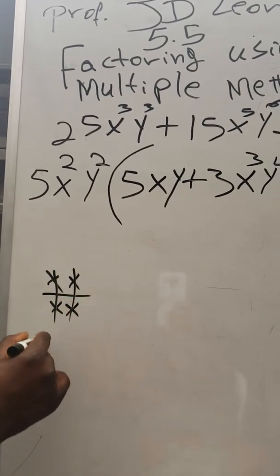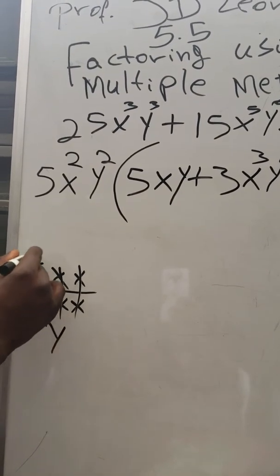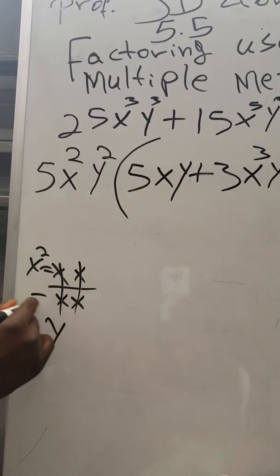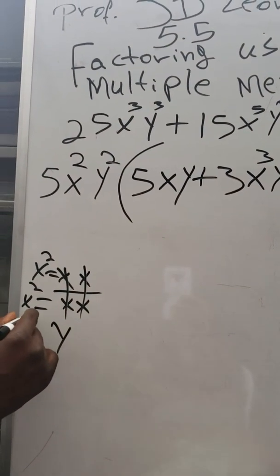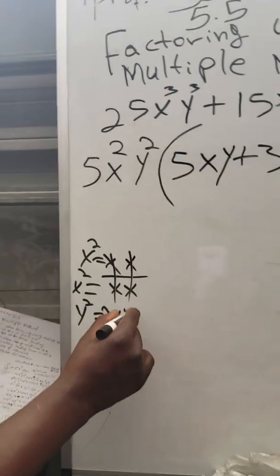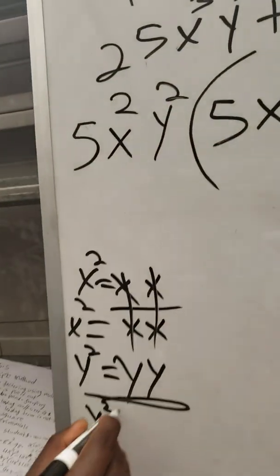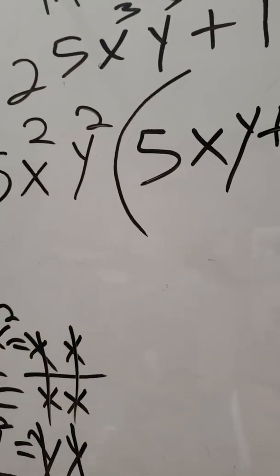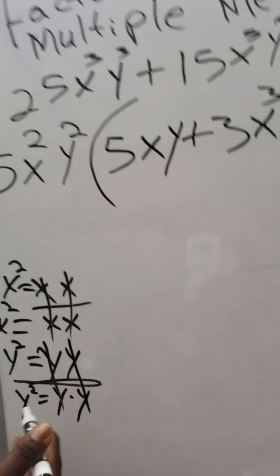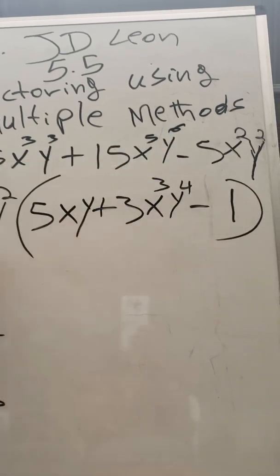Same thing for the y. Because that's what x squared is, right? x squared means x times x over x squared, which is x times x. Cancel and cancel. y squared means y times y over y squared, which is y times y. Cancel and cancel. So when they both cancel, that's why this is gone. You only have this 1 here with the negative, because that's negative 5 divided by 5.